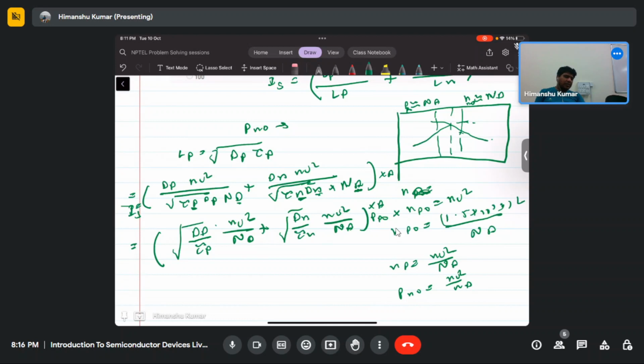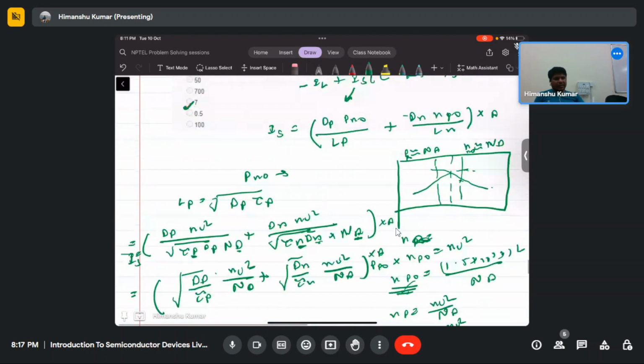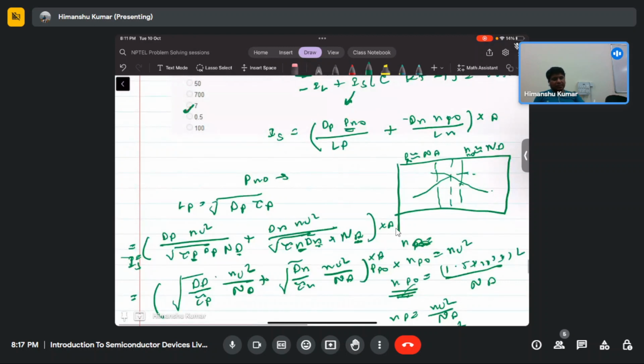So you can calculate that by this. This is the n_p naught. We apply the law of mass action. Then we can put the n_p naught here in this equation. We can put n_p naught and p_n naught here, and L_p is given as this, or L_n is given as the square root of D_n tau_n, right?